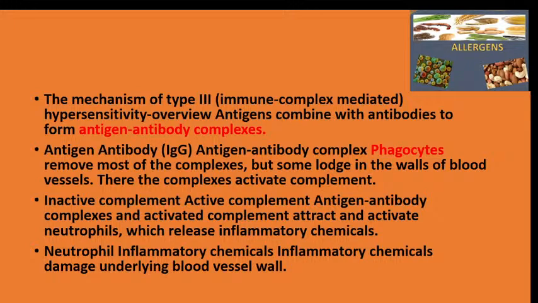Any antigen that enters your body will form an antigen antibody complex, and this complex will be digested by the phagocytes or macrophages. That is a normal procedure. And some antigen antibody complexes will escape from the phagocytes, and those complexes which escaped will lodge or accumulate in the walls of the blood vessels, and they form this.